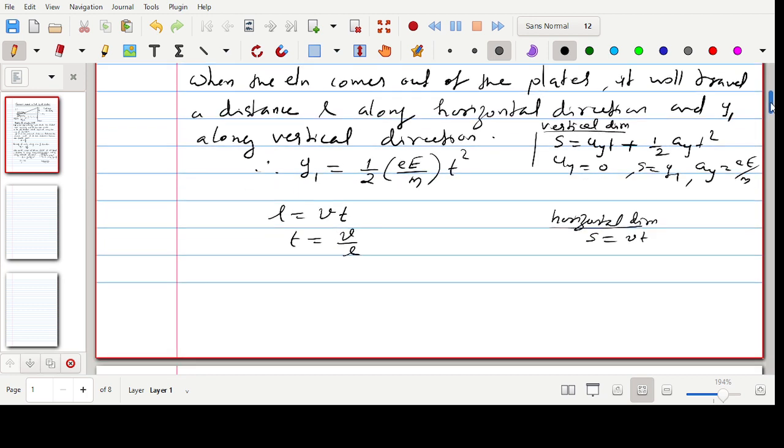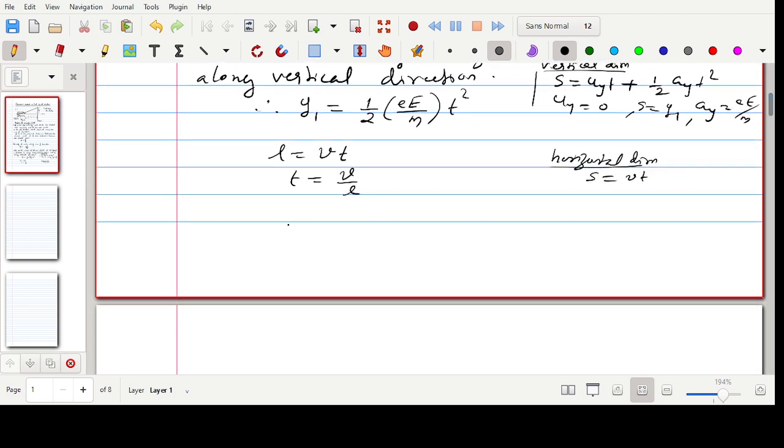Then the above equation becomes, therefore y1 equal to half eE by m. Sorry, t equal to, not V by L, this is L by V. t is equal to L by V. So this is L by V the whole square.